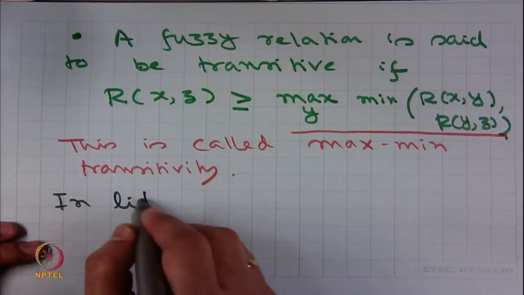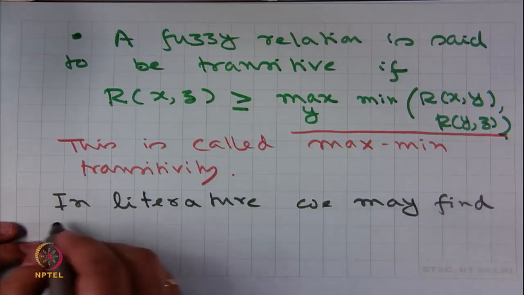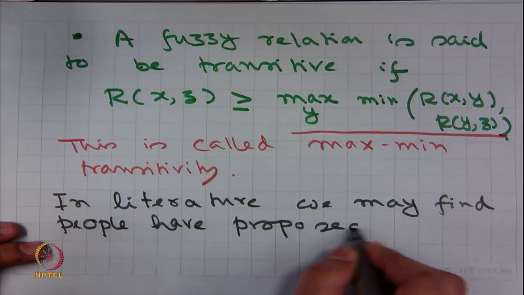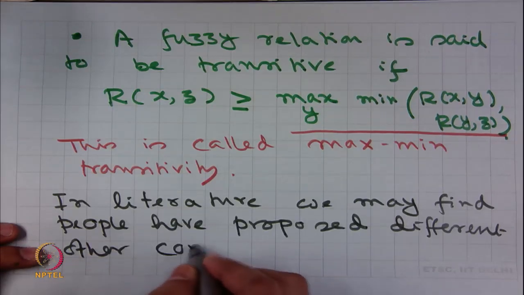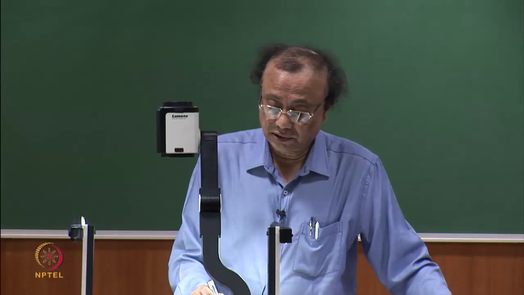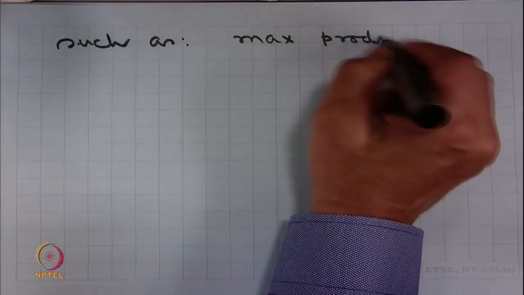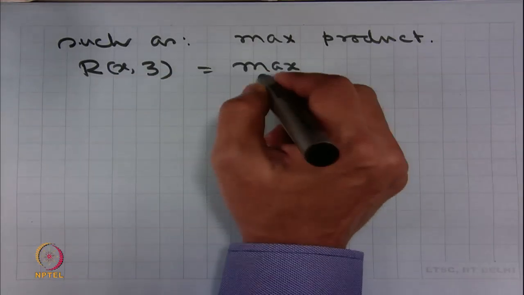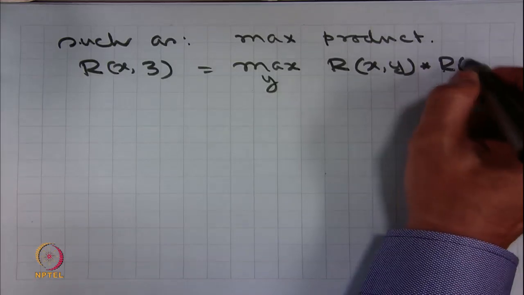In literature, we may find people have proposed other composition formulae such as max product, that is R(x, z) is equal to maximum over y of the product of R(x, y) into R(y, z).